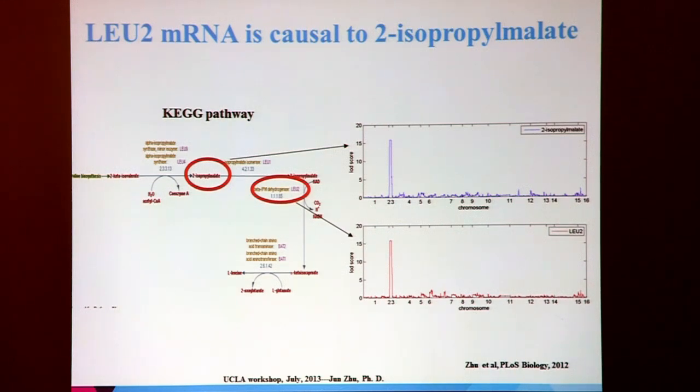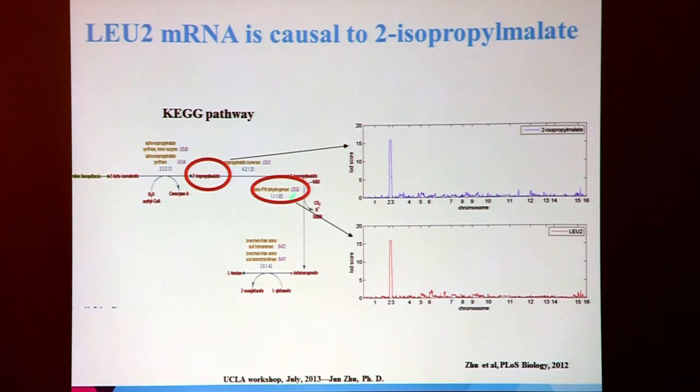But here, the one I'm showing is a specific pathway, the leucine biosynthesis pathway. Here is the intermediate metabolite 2-isopropylmalate, and we can see that the metabolite's abundance is regulated by a locus here.